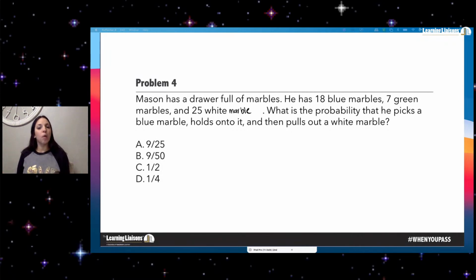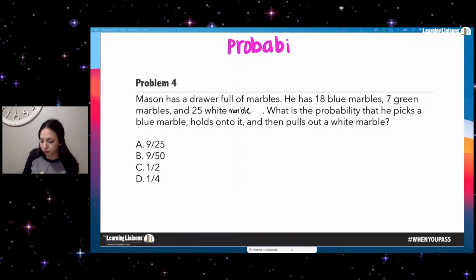So Mason has a drawer full of marbles. He has 18 blue marbles, 7 green marbles, and 25 white marbles. What's the probability he picks a blue marble, holds on to it, and then pulls a white marble? So what we need to understand first is that probability is the concept that we're going to have a part out of a whole.